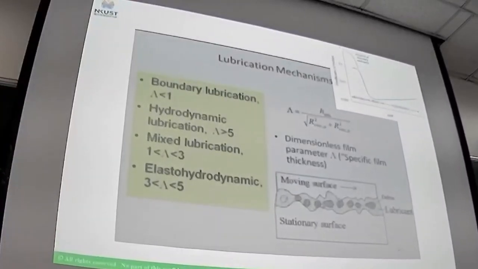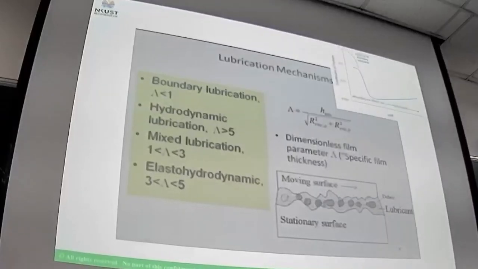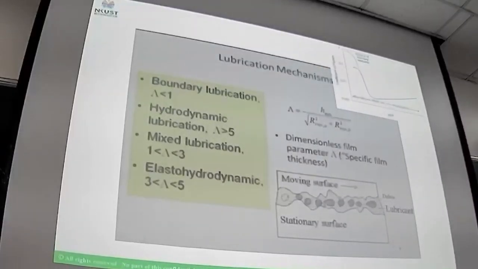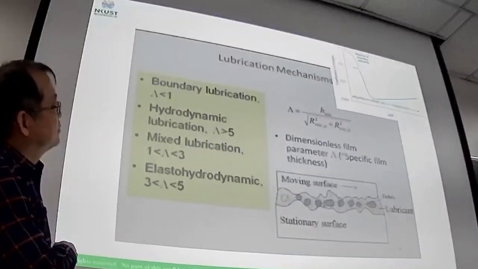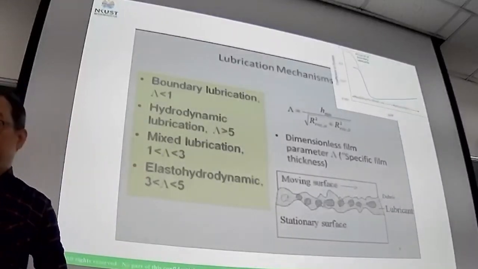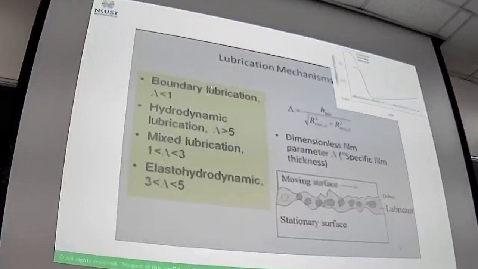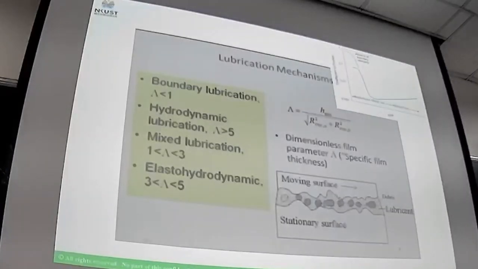This is the most important lubrication theory, or lubrication mechanism, for our lubricant. We always use the Stribeck curve to classify the lubrication regime or lubrication mechanism, especially for the fluid lubricant.